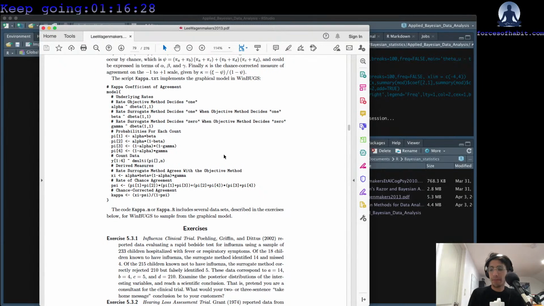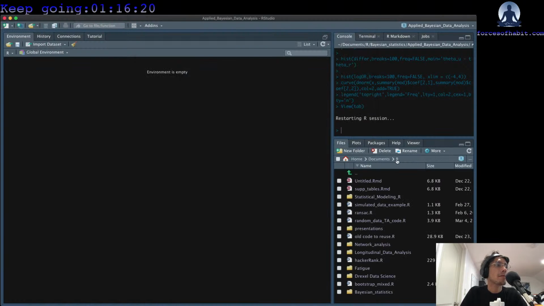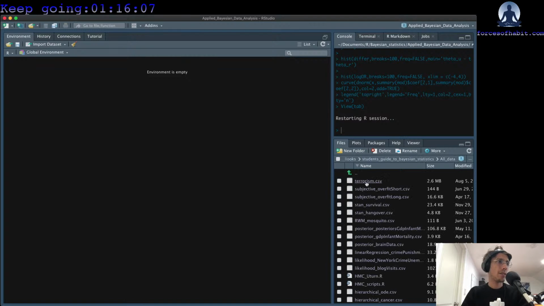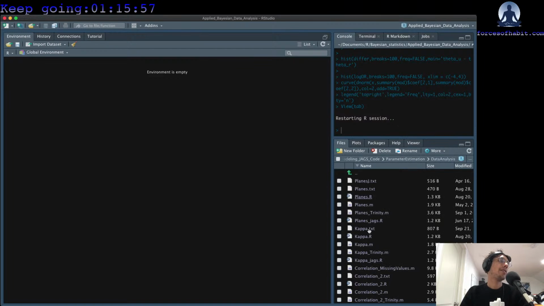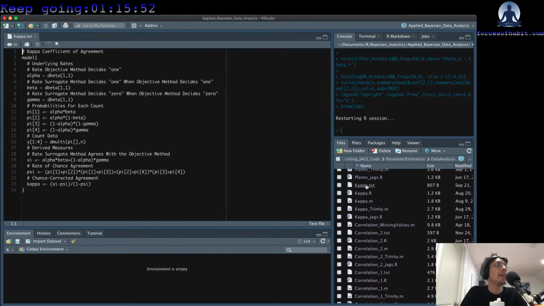So let me pull up the code then. We're in Bayesian Cognitive Modeling, parameter estimation, data analysis, and we're looking at Kappa.